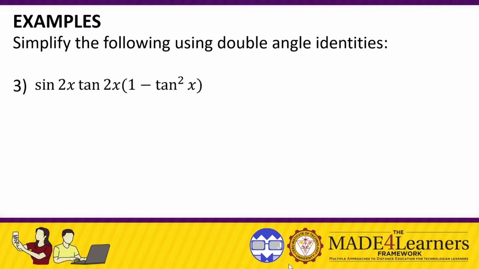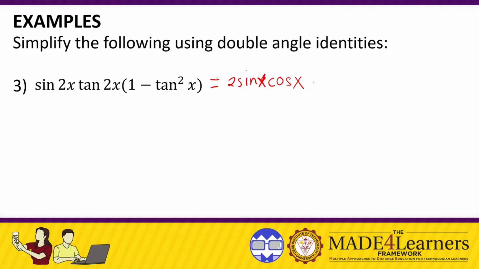Let's continue. We have the third example, sine 2x tan 2x times 1 minus tan squared x. Let's try. For sine 2x, using the double angle identity of sine, this is 2 sine x cos x.